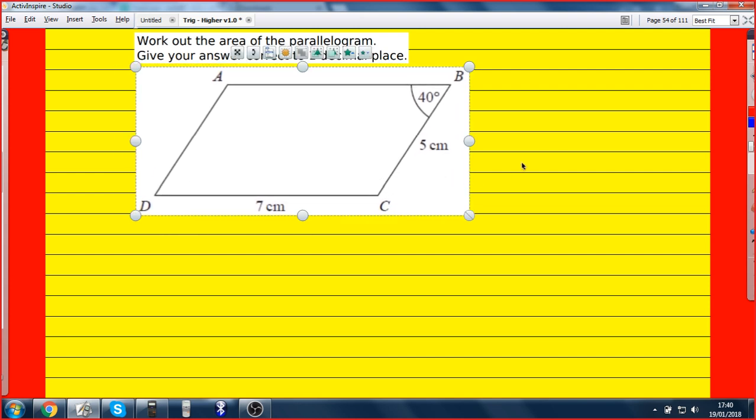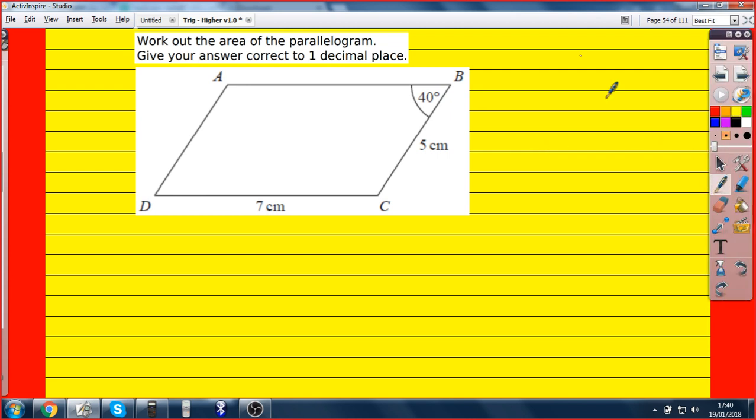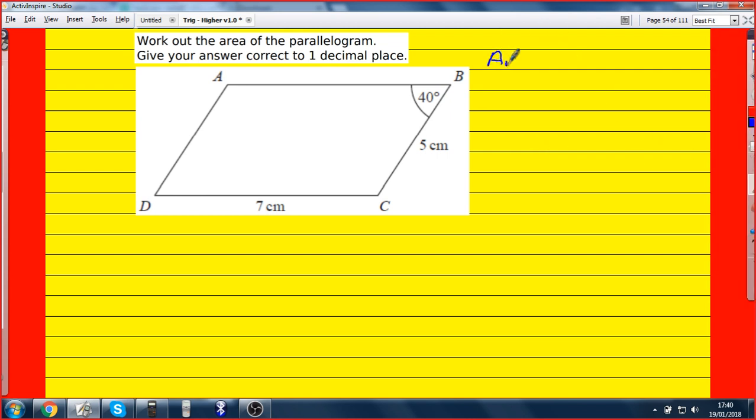So we want to find the area of this parallelogram. So you start by doing 0.5 times 5 times 7. Brilliant. And then you do times 40 degrees, or cos 40 degrees.